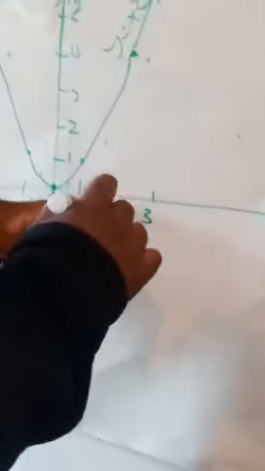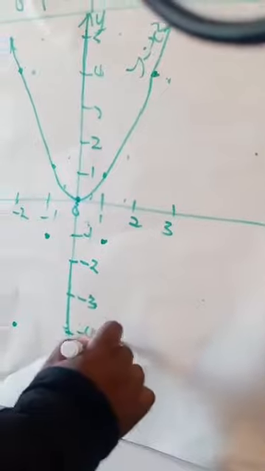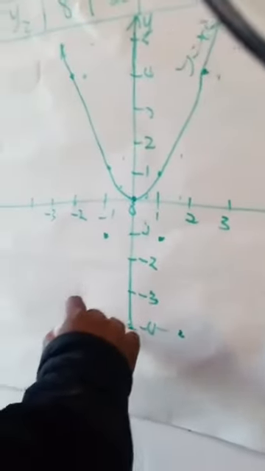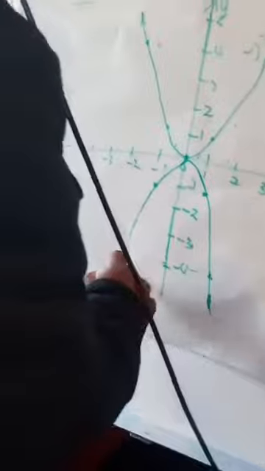At 1, it's minus 1. At 2, that is minus 4. So let's join the graph. It's going to be like that. Then your arrow goes down there. It means that the graph is continuing like that.